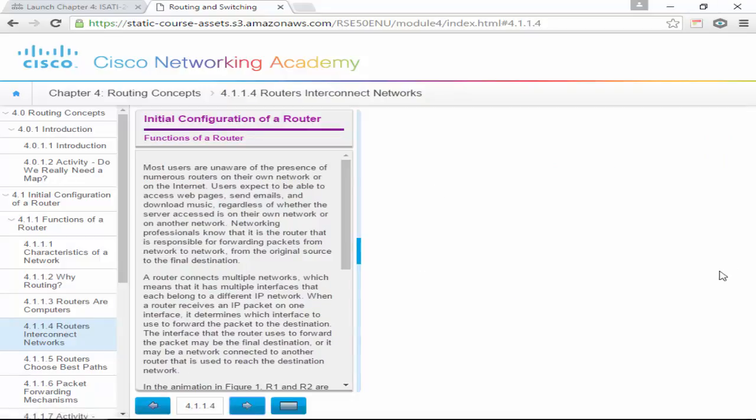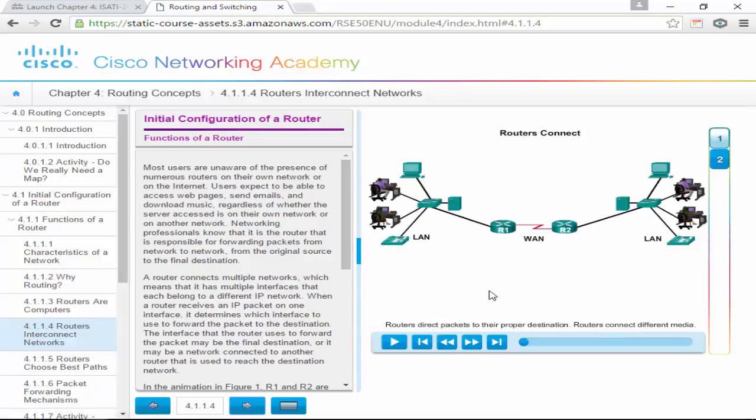And so the primary job of a router is to direct packets to their proper destination, to connect networks. What are routers routing between? Networks, okay? If we're directly connected, like if this is just one network, the router already knows here and here. But we need an actual routing protocol or a static route, because we have a WAN link. Say we're in R2 right here.